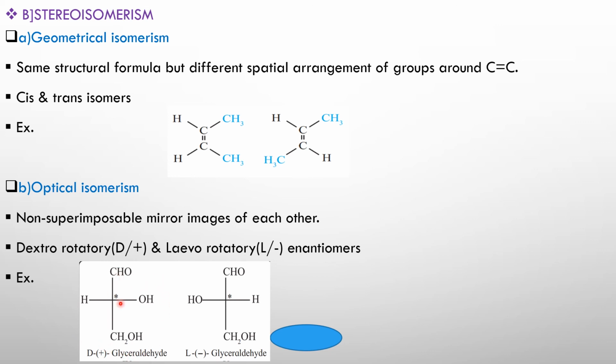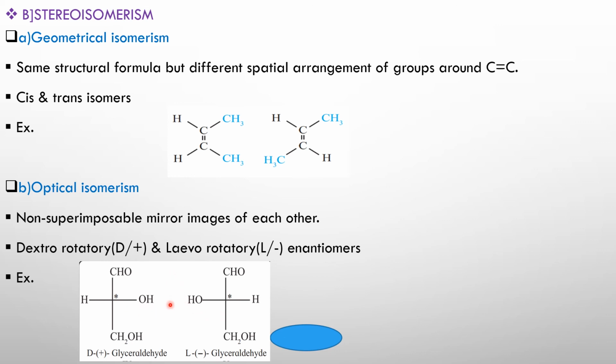Now you can see here the Fischer projection formula of glyceraldehyde. The CHO group is on the top, the most oxidized carbon atom, then CH2OH at the bottom, and at the cross point we have carbon, with hydrogen to one side and OH group to the other side. The star indicates it is a chiral carbon atom or asymmetric carbon atom.